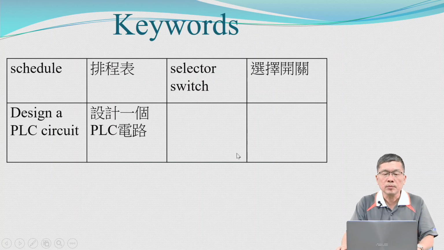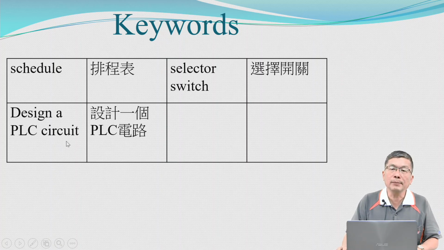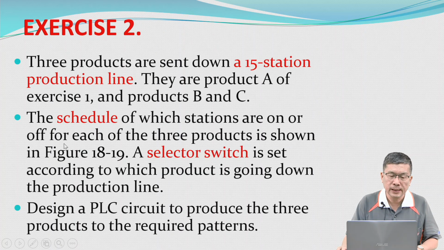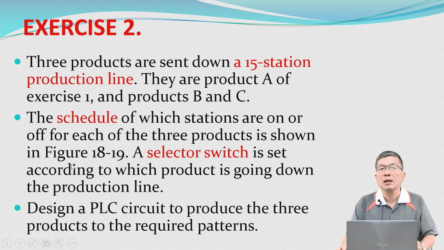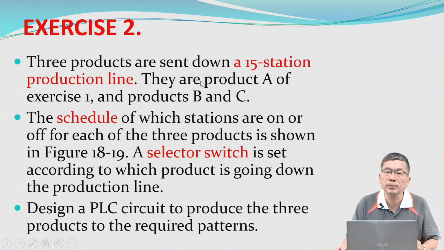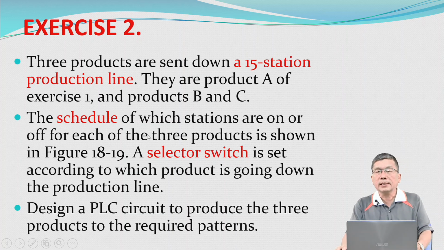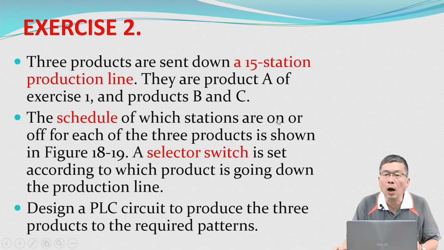Exercise 2. The keywords: schedule, selector switch, design a PLC circuit. Exercise 2. 3 products are sent down a 15-station production line. They are product A of exercise 1 and products B and C. The schedule of which stations are on or off for each of the 3 products is shown in figure 18.19.